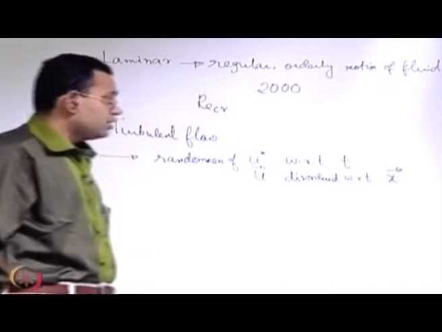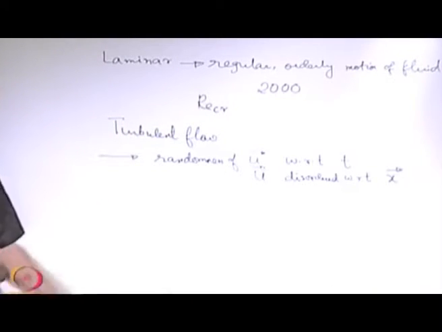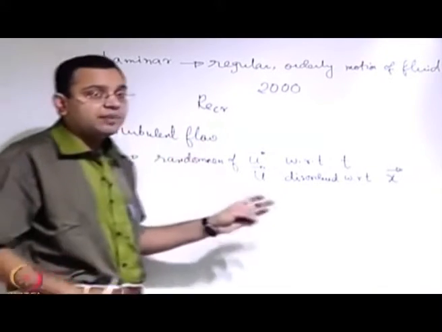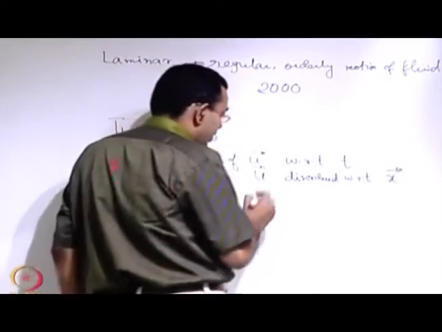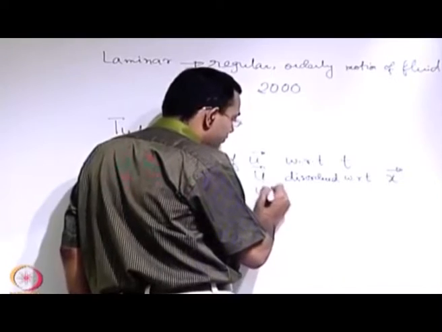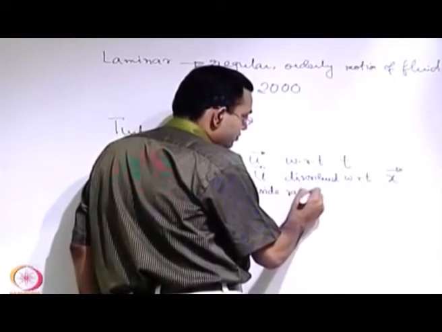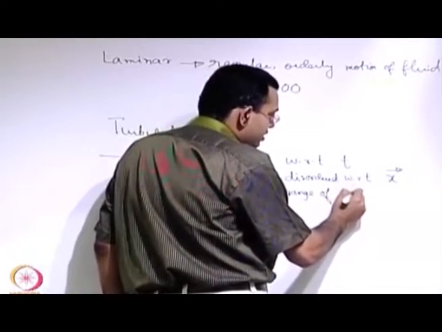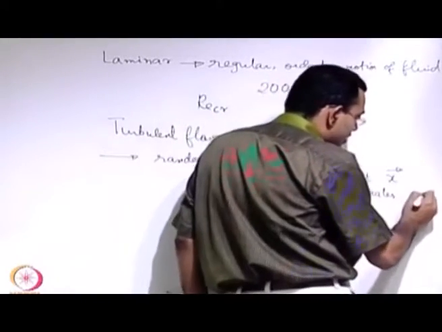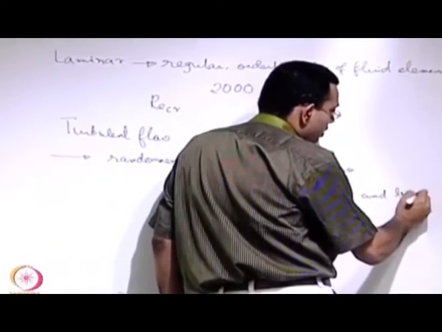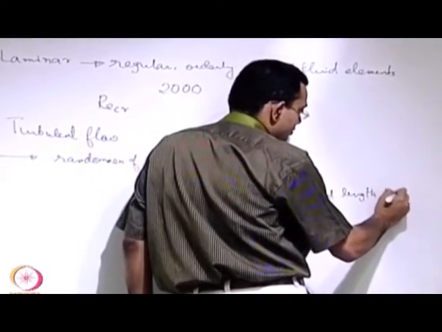And the other important characteristic, which we will come to subsequently when we describe what is physically happening here, but we just note it down here, is that you have a wide range of time scales and length scales over which activities are going on.